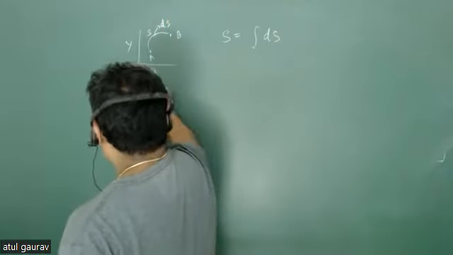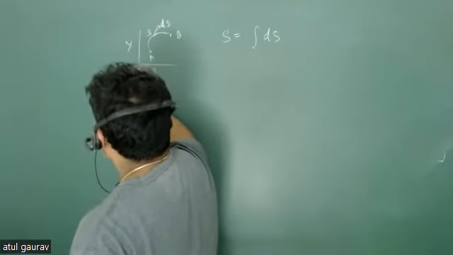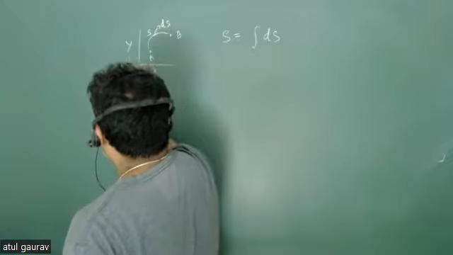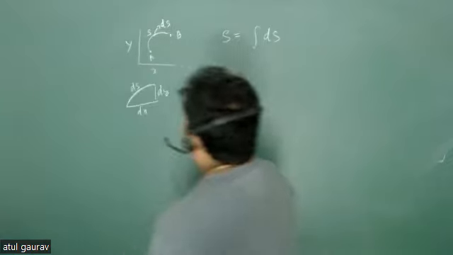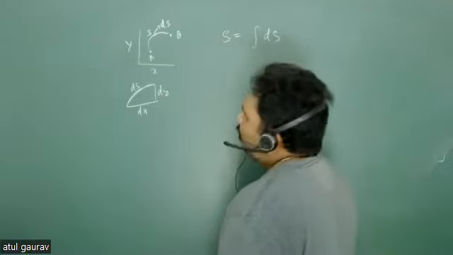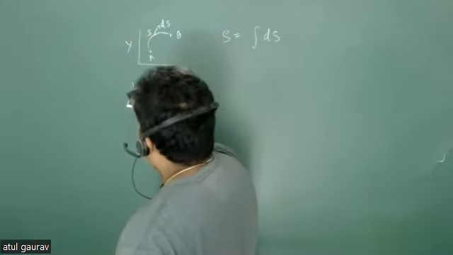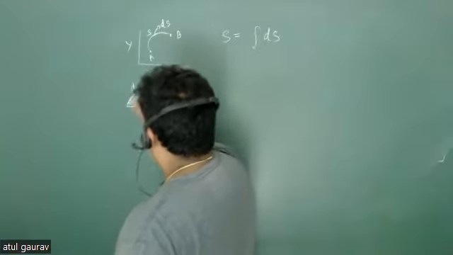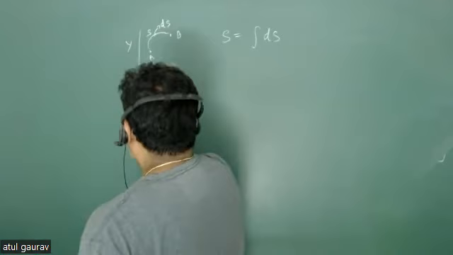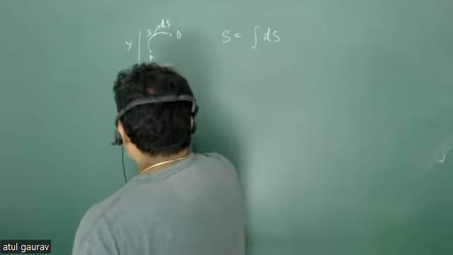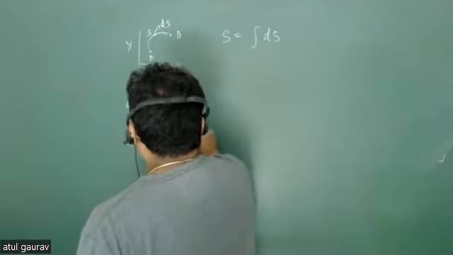आपको जूम करके दिखा रहा हूं। This is your ds. And this is dx. And this will be dy. Are you people comfortable? So now, if ds is very small, you can assume this is a straight line, isn't it? So we can have ds is equal to root under dx square plus dy square.